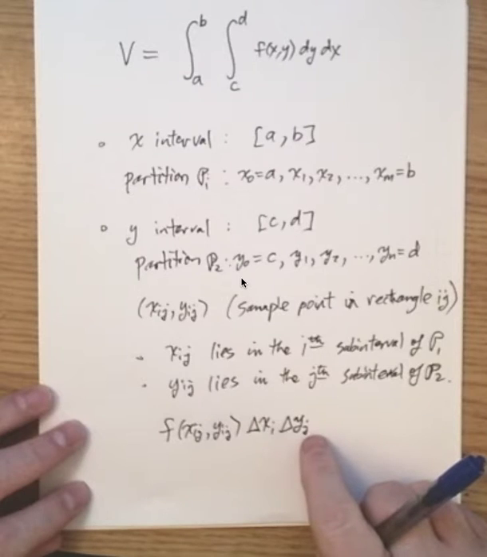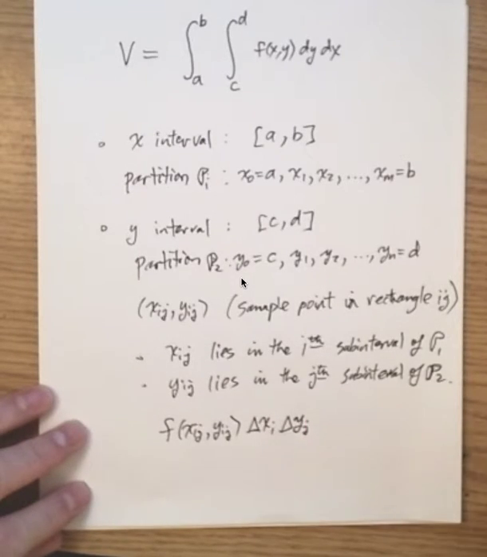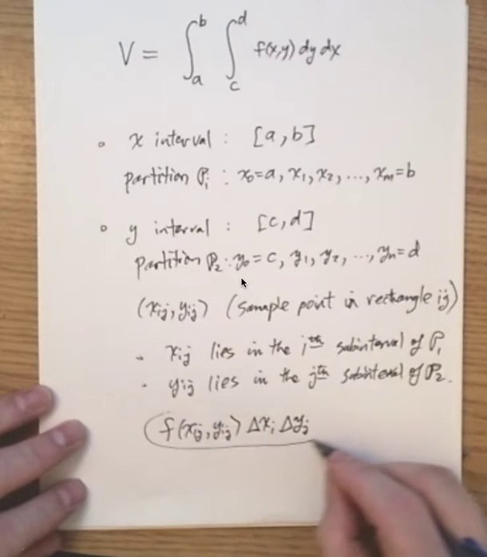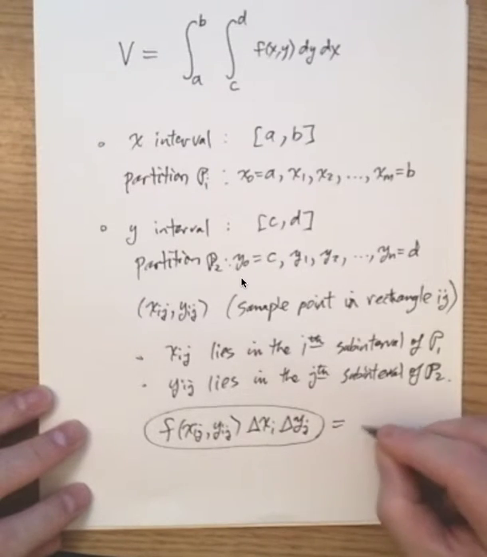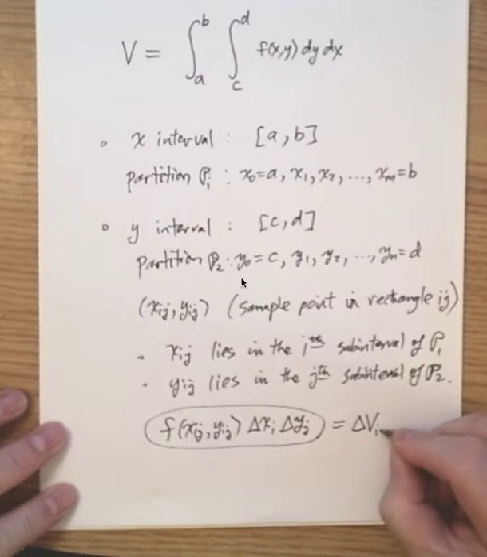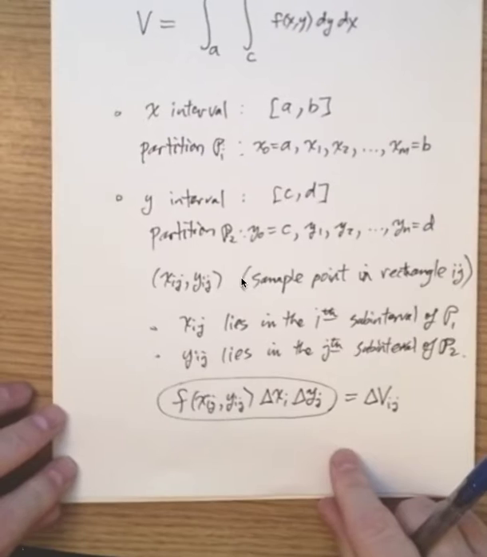That's simply the length of the jth subinterval of P2. Remember, this represents the volume of that thin rectangle that we had in the picture. And I'll call that delta V sub ij.